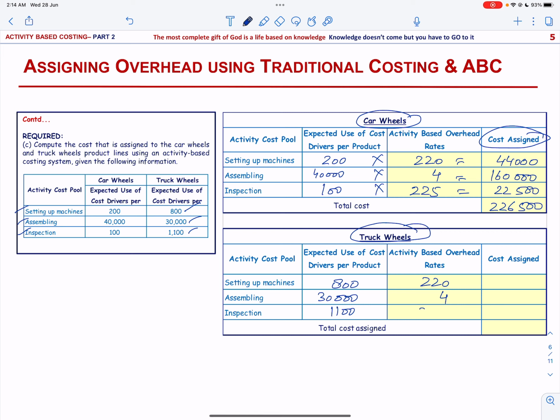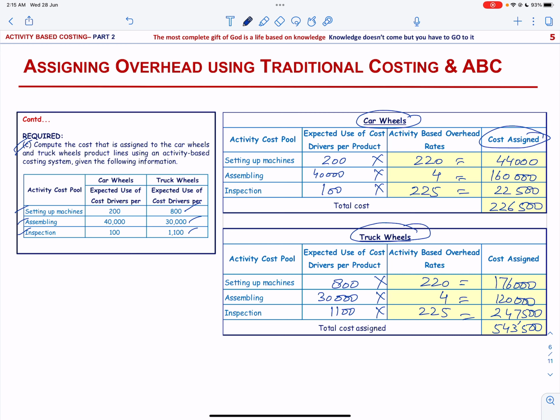Once again we will multiply, and this will be equal to 176,000, 120,000, 247,500, and the total will be 543,500. So this completes part C. We have computed the cost that is assigned to the car wheels and truck wheels using the activity based costing system.